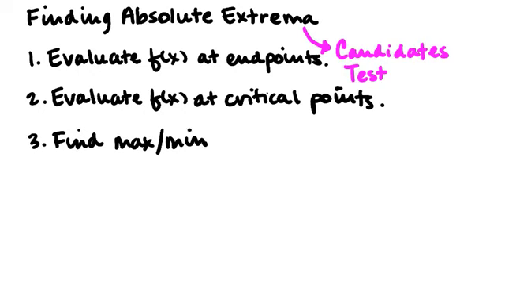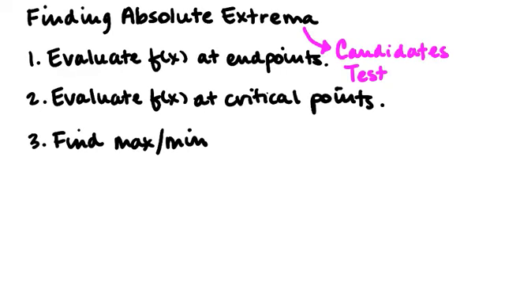That's pretty much it. Really, we're going back to the fact that the absolute maximum or minimum will happen either at an endpoint of the interval you're concerned with or at a critical point.